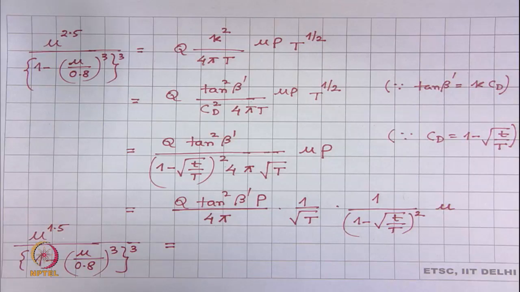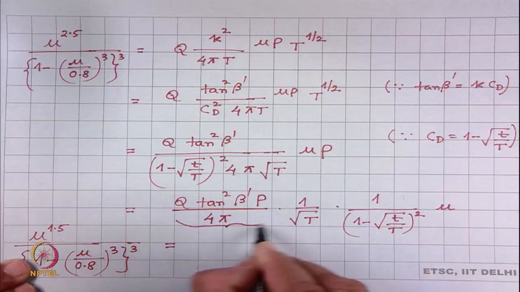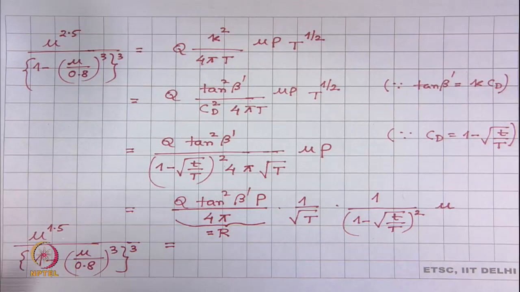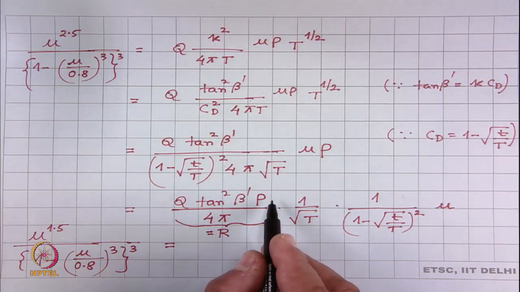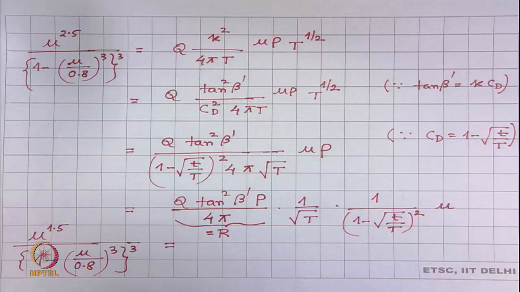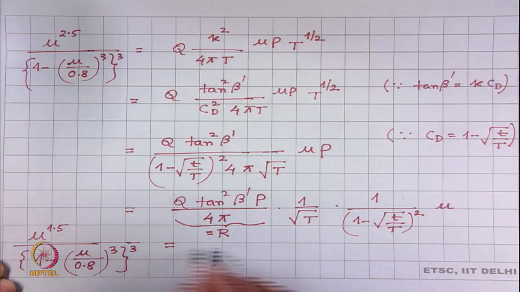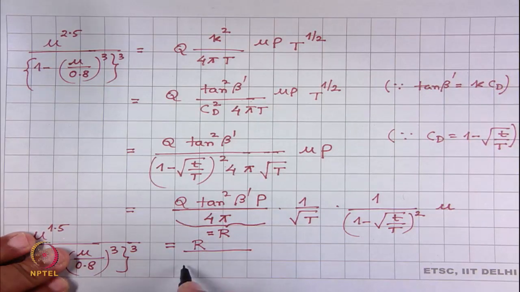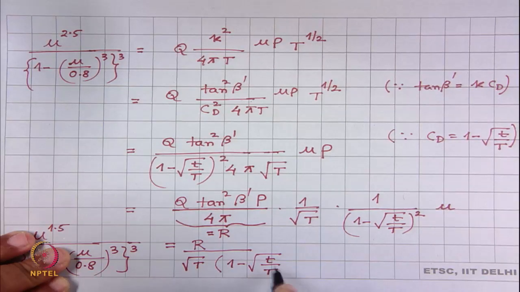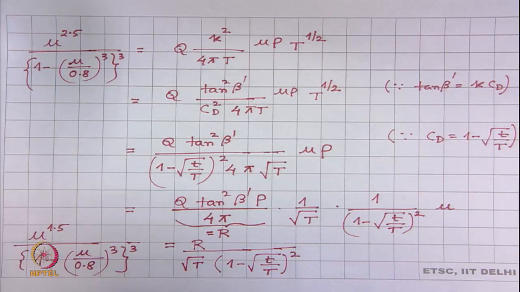Right hand side, let us write this as a parameter capital R. We will discuss this a little later. So, Q tan square beta prime into fiber density divided by 4 pi, it is a parameter, we call this parameter R. So, this R, okay, divided by root over T into 1 minus this square, right.